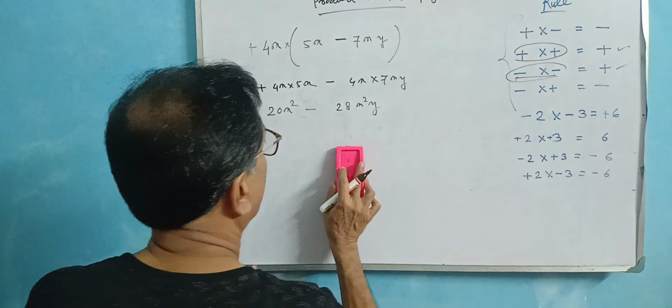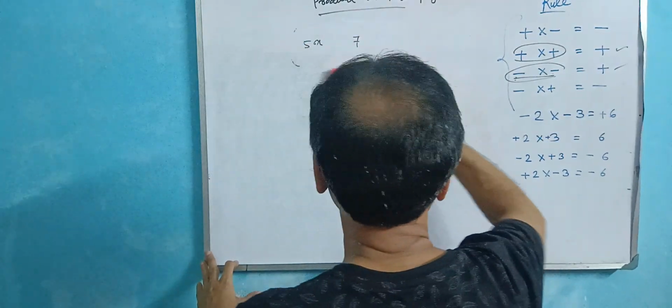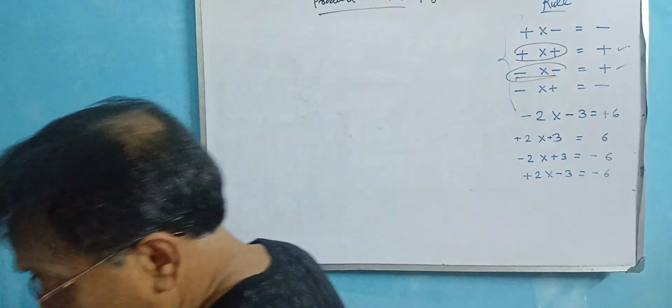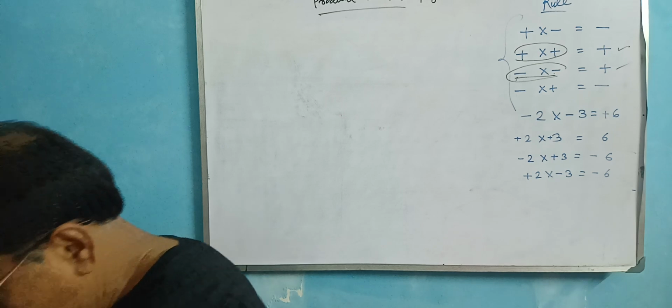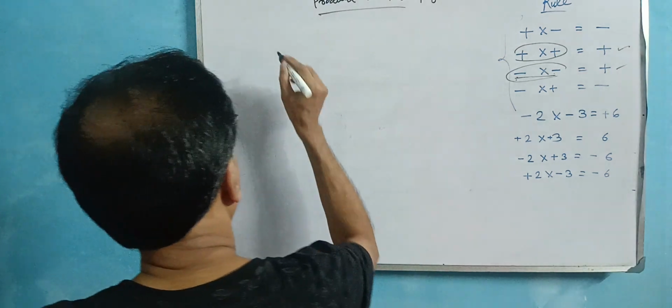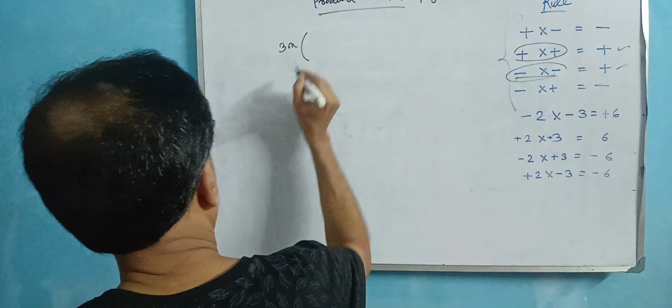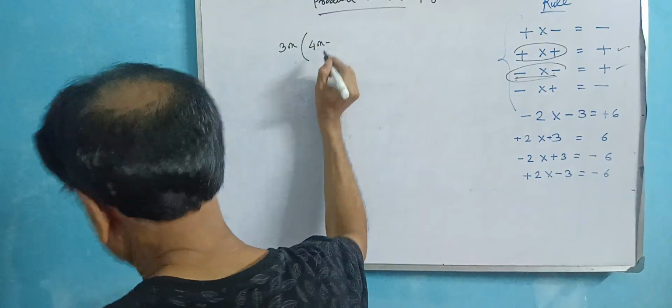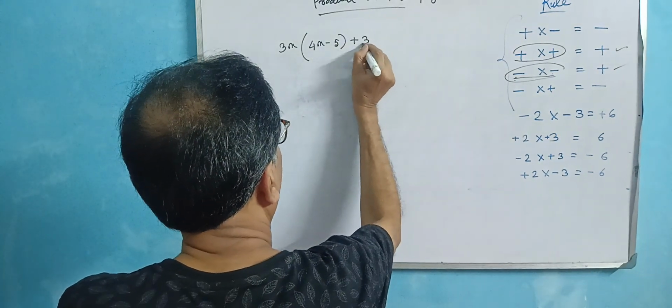Now the next sum, very important, very easy, just understand it properly. Here is the sum: 3x bracket 4x minus 5 plus 3.